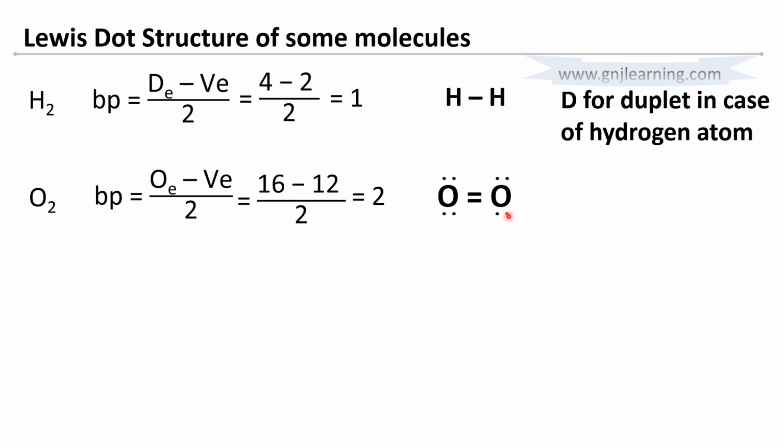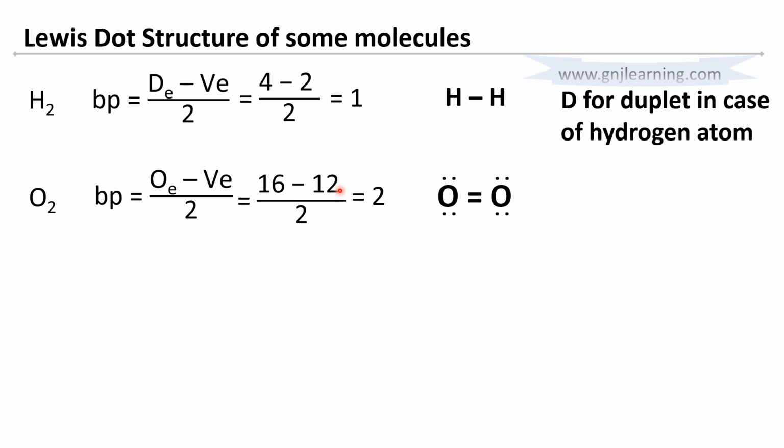Clear? The available electrons were 12, so I should count and verify whether it is correct. There are 1, 2, 3, 4, 5, 6 pairs of electrons, which means 6 into 2, 12 electrons. So it matches perfectly and is verified.